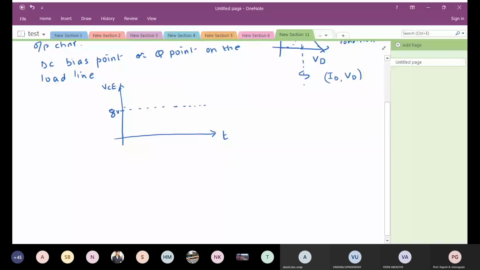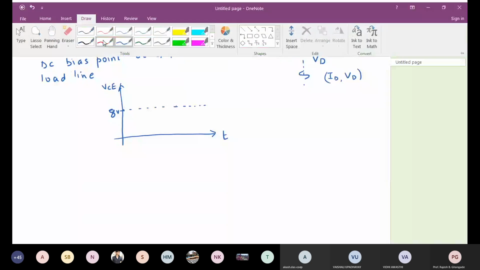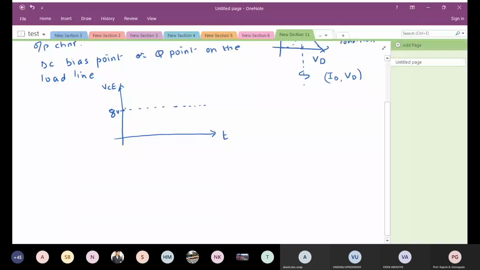Then I applied the signal, and we had this kind of output, and this was 11 volts, and this was, I guess, 5 volts, correct? So this is the voltage which existed when there was no signal, and it directly corresponds to the Q point.